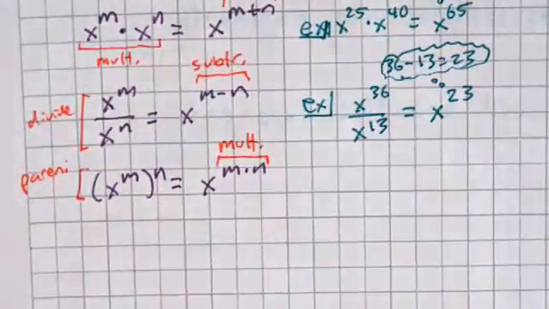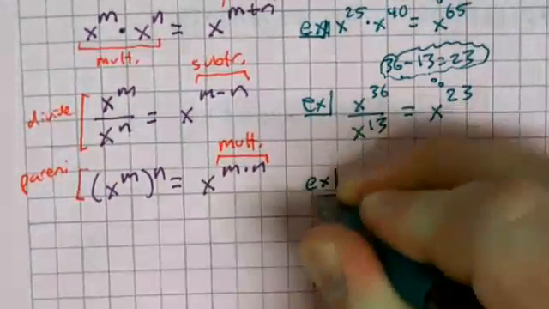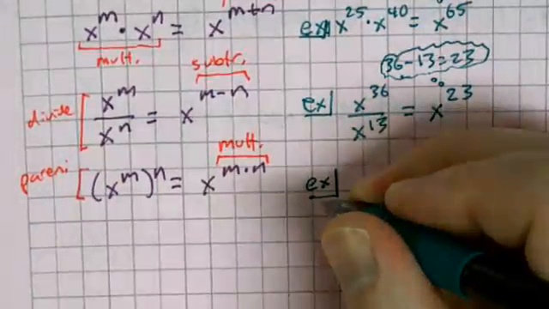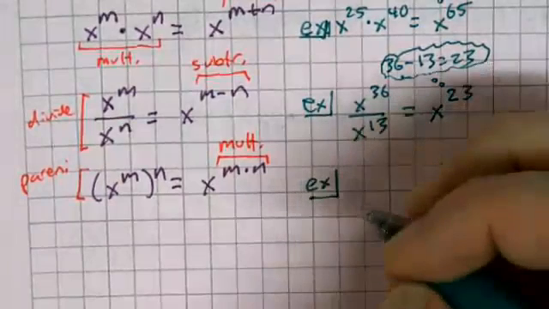So we are multiplying. And how about another example? They did x to the 5th to the 12th.